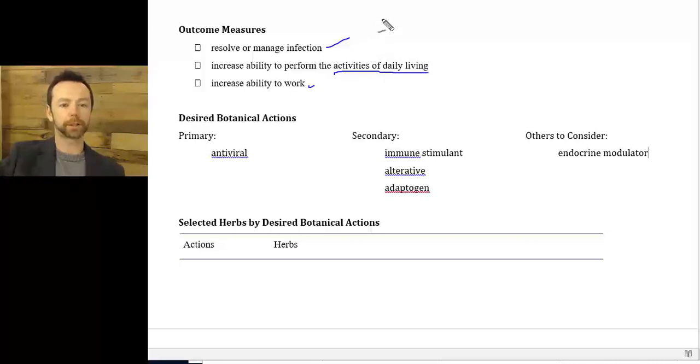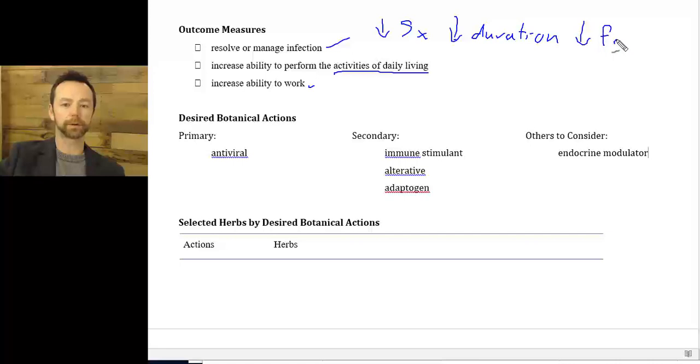Resolve or manage infection. Usually, that's going to be decreasing the symptoms and decreasing duration. Almost always when we're dealing with infections, we also want to decrease the frequency.